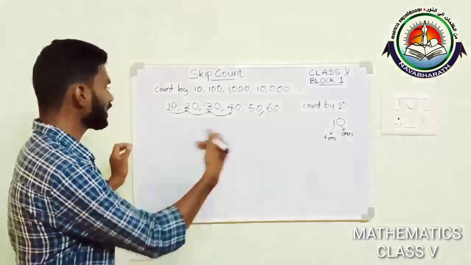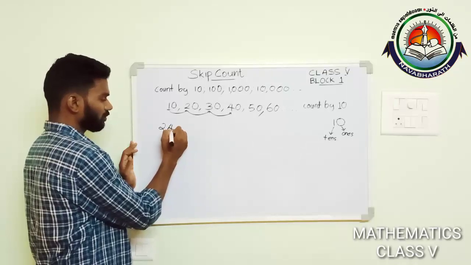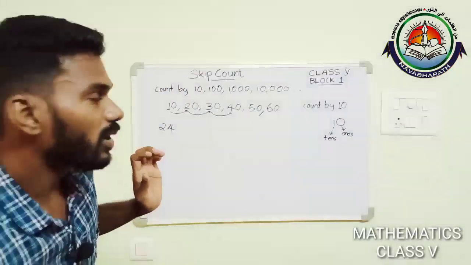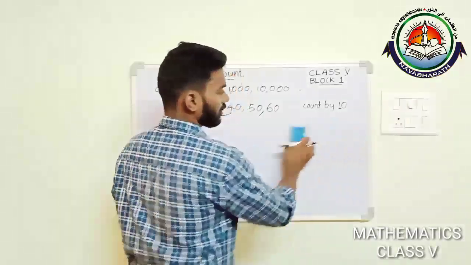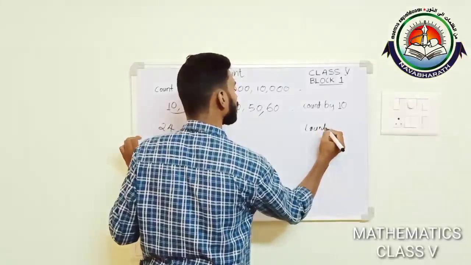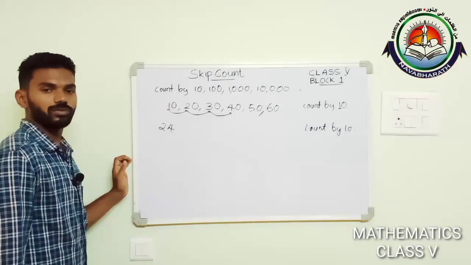So let's take another example. Here is the number 24. And again you have to do a count by 10. What can you do?